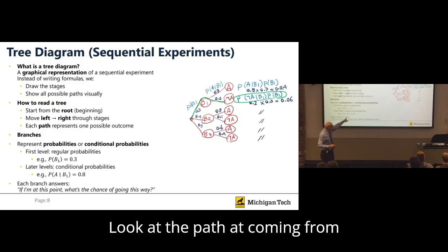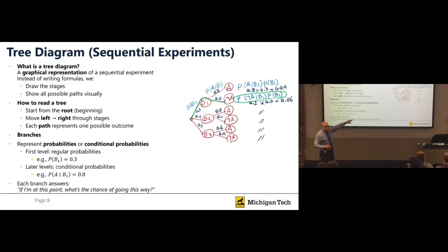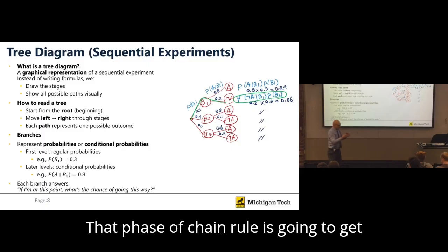Look at the path. Path coming from V1 and not A. This is the probability of V1 and not A. Based on the chain rule, that is going to get to that.